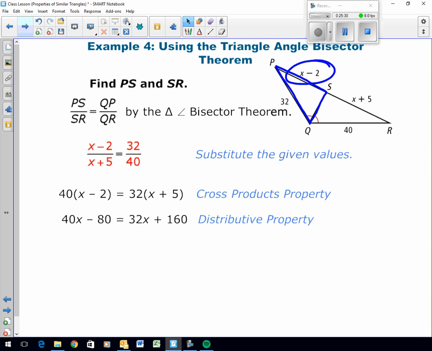The stuff in blue over here, let me do it like that. The stuff in blue is going to be in the top part of your fraction. And the stuff in red is going to be in the bottom.